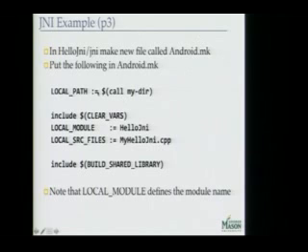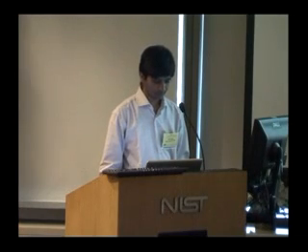The local path just means that you're looking into the current directory, and you're going to save the previous includes, because you need to specify whether you're building a shared library, an executable, or a static library, and that's done using the include variable. Then you just specify the name of your binary and list all your source files here. So it's a pretty straightforward build file.